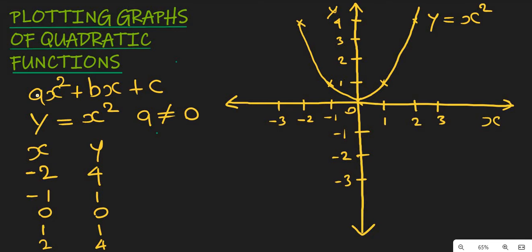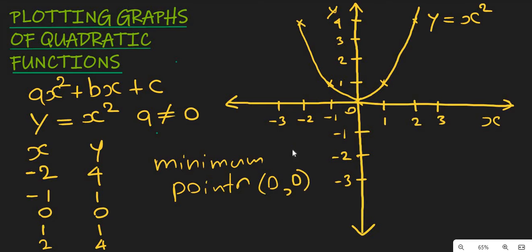When x increases from 0 to plus 3, the value of y increases. Our minimum point is 0. The coordinates of the minimum point are 0, 0. So a function that takes the form y equals x squared, when a doesn't equal 0, will have a minimum point, and the minimum point will be the origin.